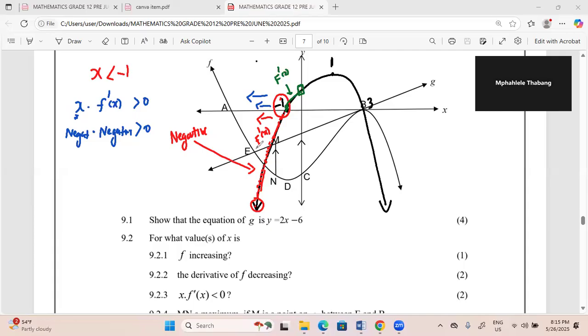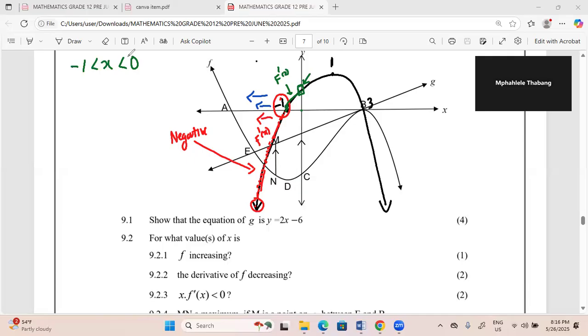Let us look at the function between -1 and 0. Remember the value of x at this point is 0. We notice that f prime x, since it's above the x-axis, is positive.